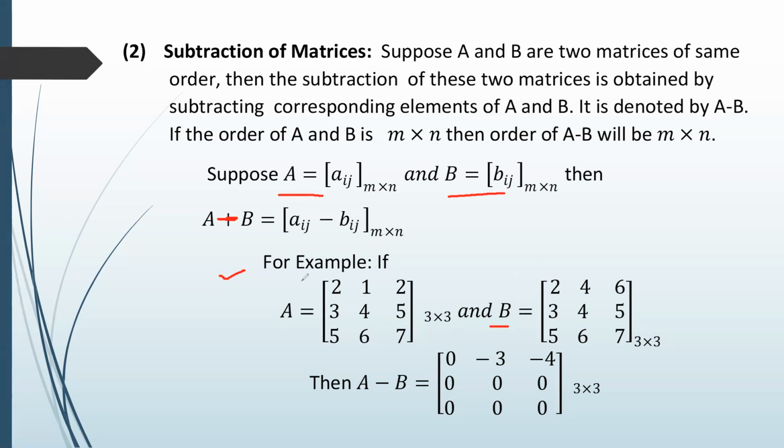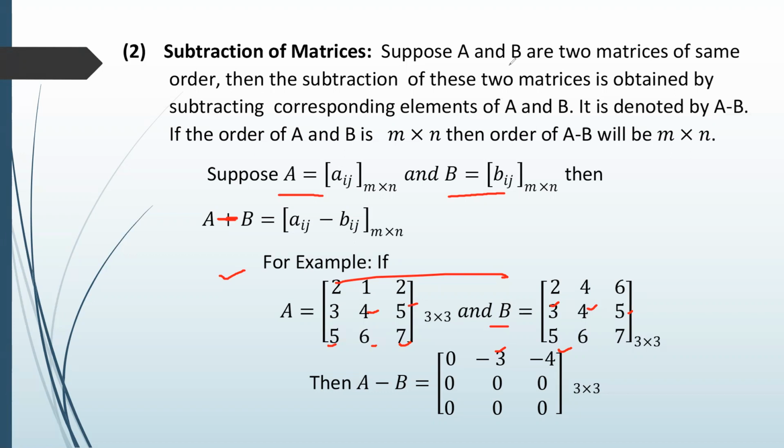So we subtract the first element of B from the first element of A. So 2 minus 2 is 0, and 1 minus 4 is minus 3. 2 minus 6 is minus 4. 3 minus 3 is 0. 4 minus 4 is 0. 5 minus 5 is 0. 5 minus 5 is 0. 6 minus 6 is 0. And 7 minus 7 is 0.